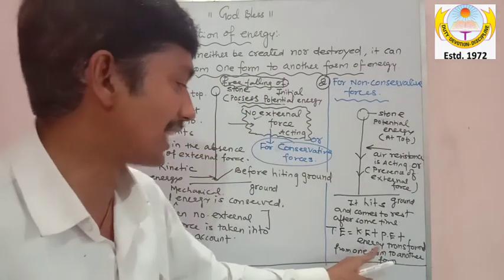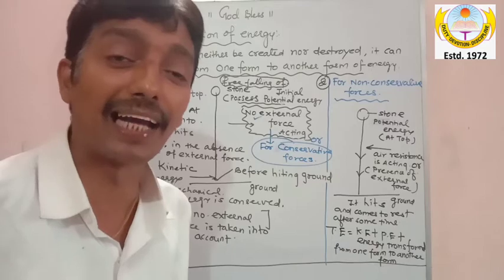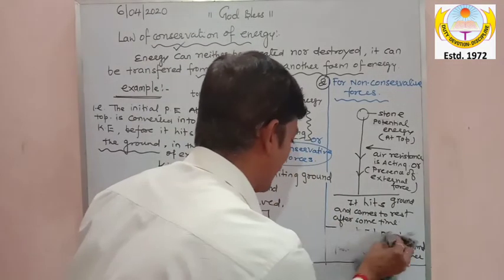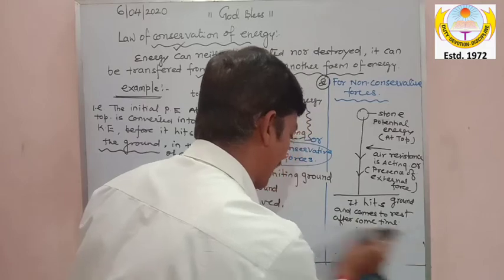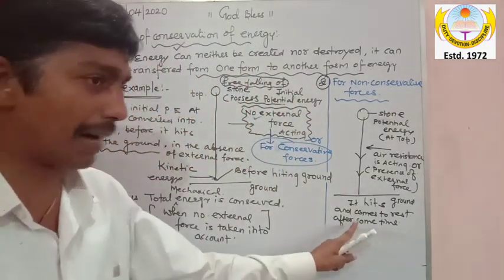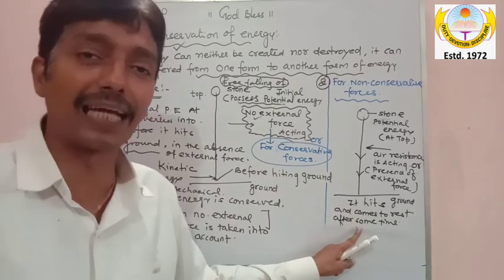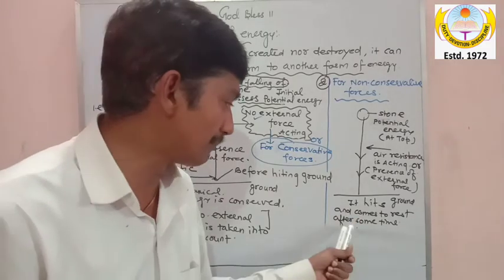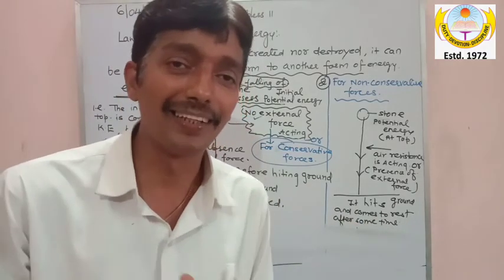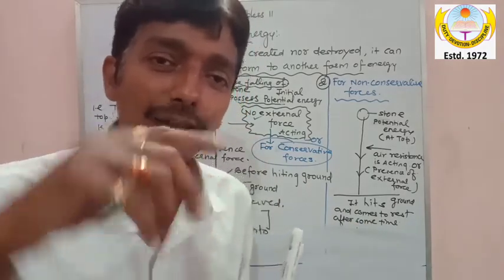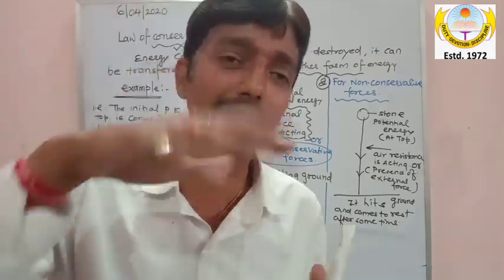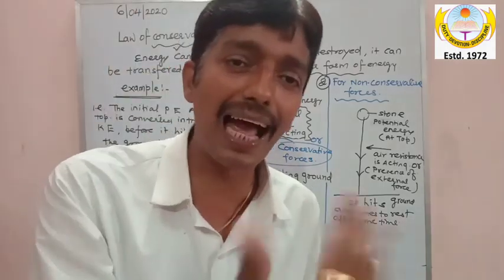Or you can say it the other way around also. This is a beautiful one. You can say the other way around also, my dear, that it comes to rest after some time. Okay, fine. But here I am sure that my total mechanical energy is not conserved, because it will be something else, initial and final.